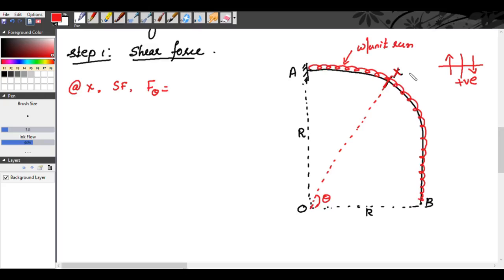This distance OX is R, so this distance becomes R into theta. That means at X, if you take the summation of all the forces to the right of X, the load is W into, this is UDL, right? So the distance is R into theta.